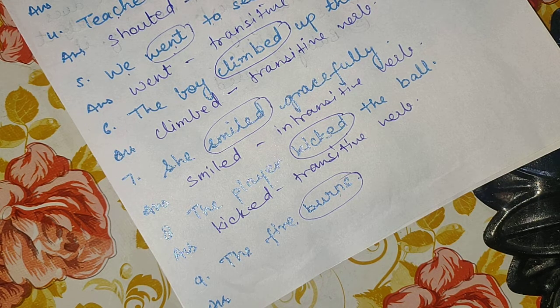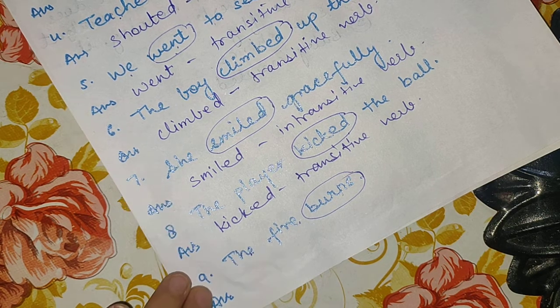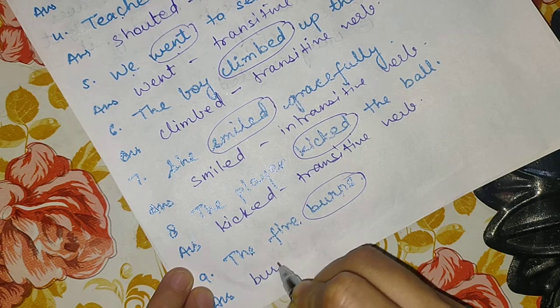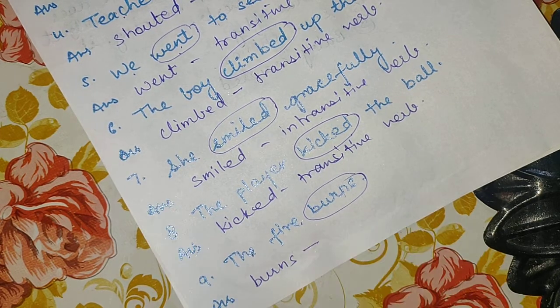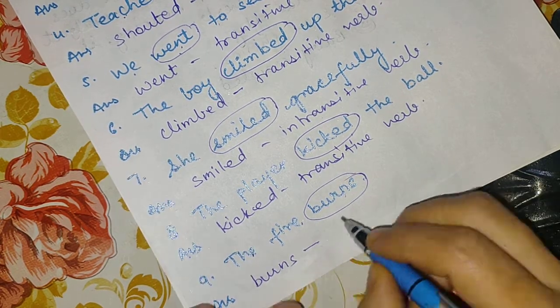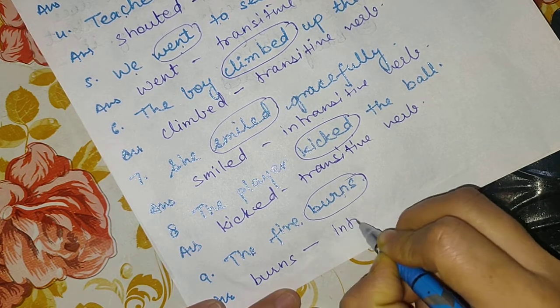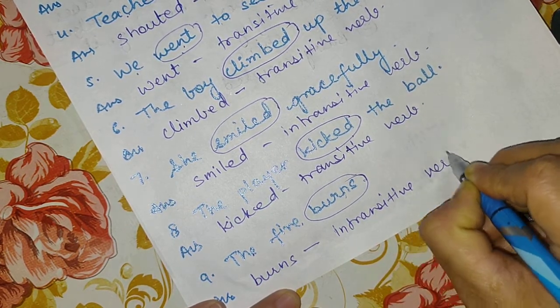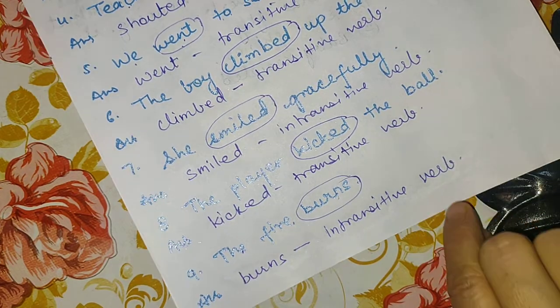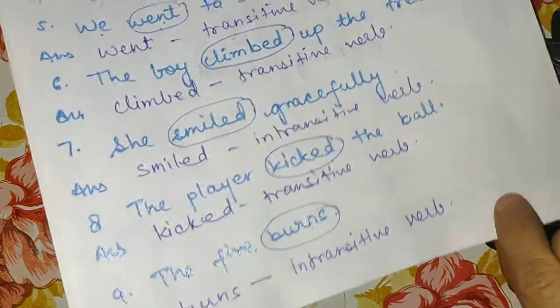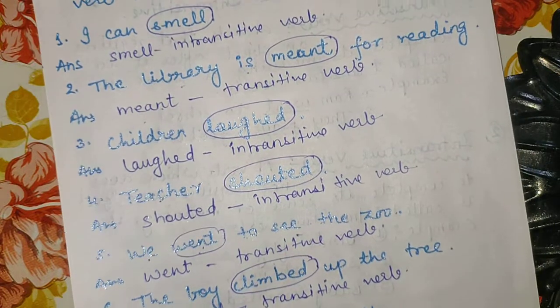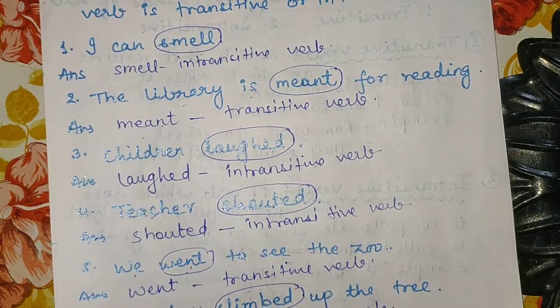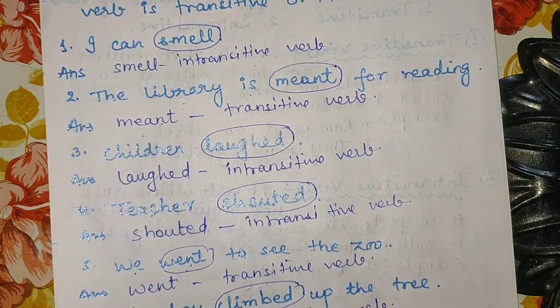So we do not need to know how it burns. So this verb does not need any object to complete its meaning. So it is your intransitive verb.